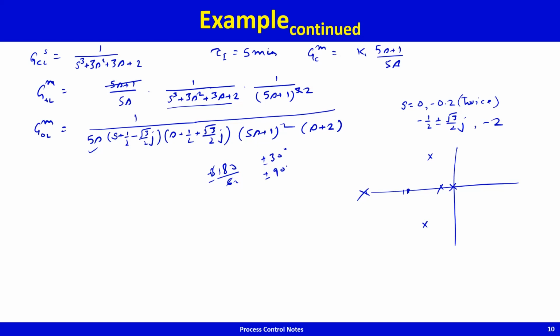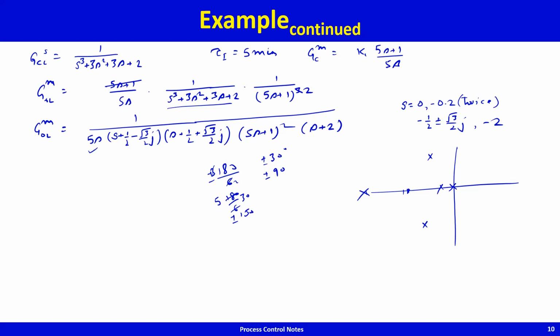And then 5 times 180 by 6: 30 times 5 is 150, so plus minus 150 degrees. So we're going to have asymptotes.